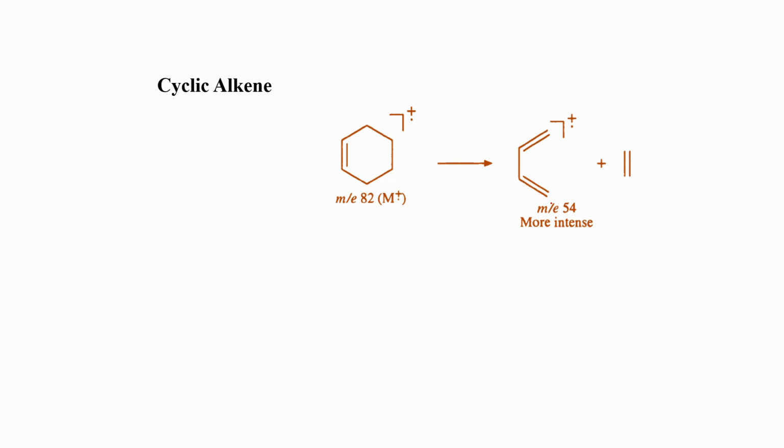Usually it is obtained as a base peak, or a more intense peak, along with a neutral molecule, an alkene. By the retro-Diels-Alder reaction, we can also get the ethylene radical cation along with the neutral molecule butadiene. It is the more prominent fragmentation pattern in the case of cyclic alkenes.